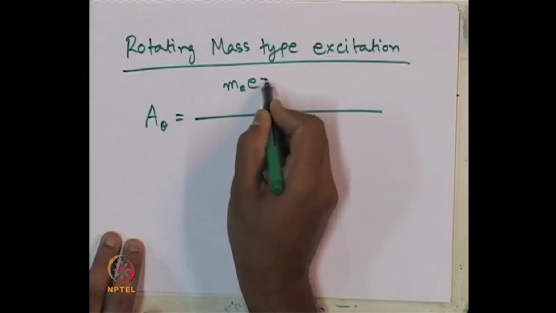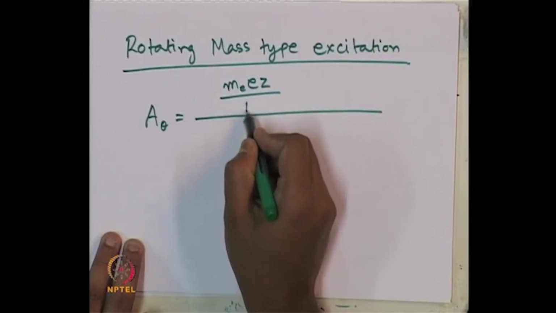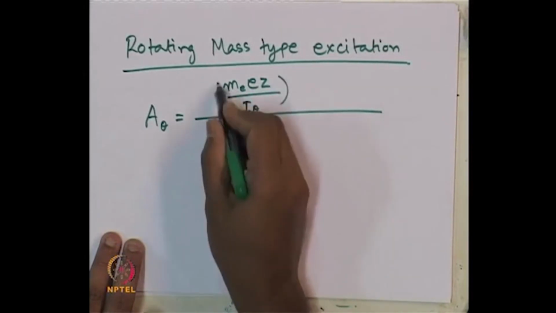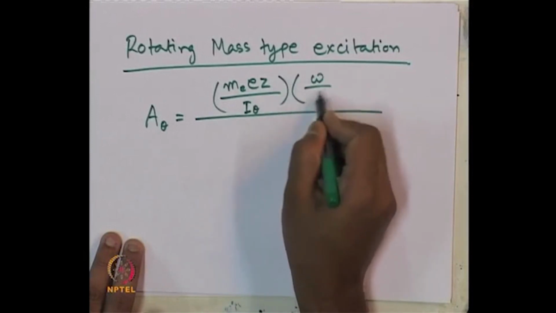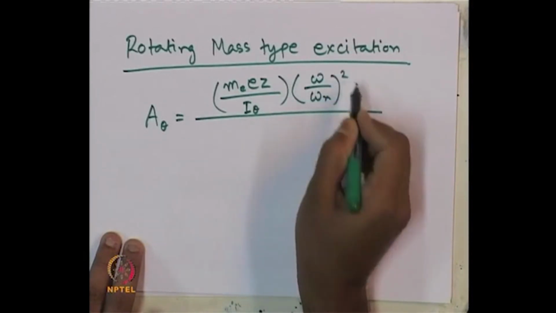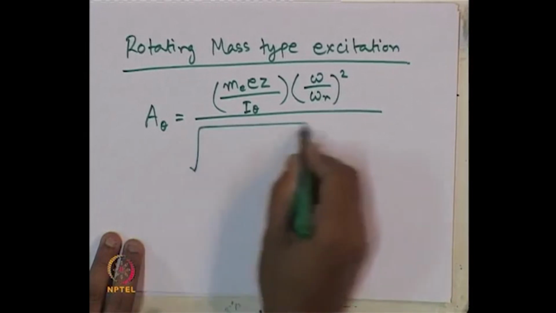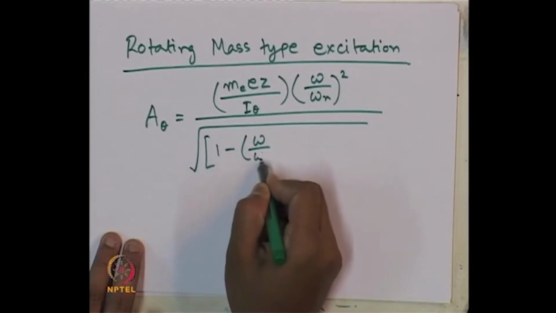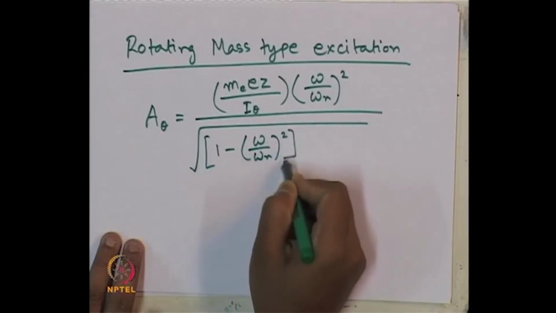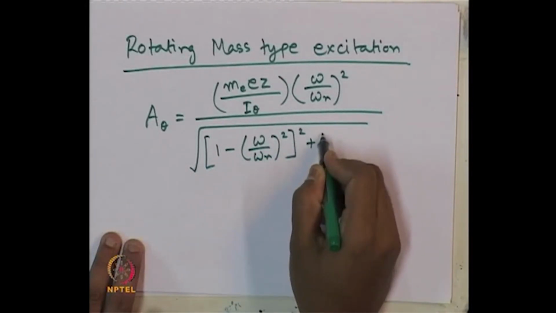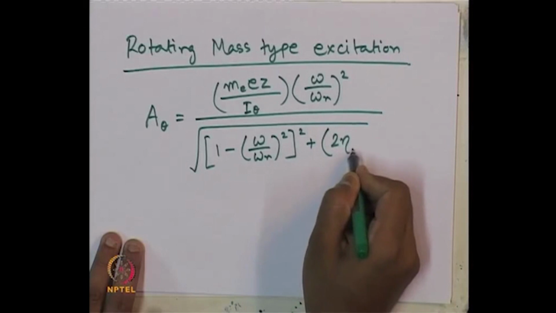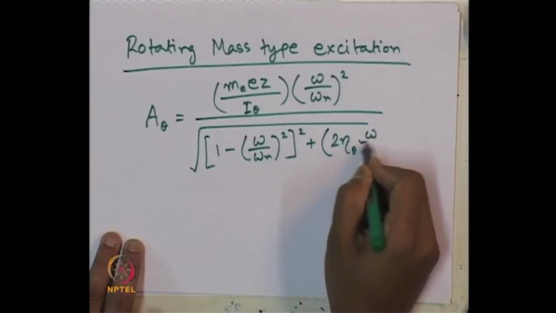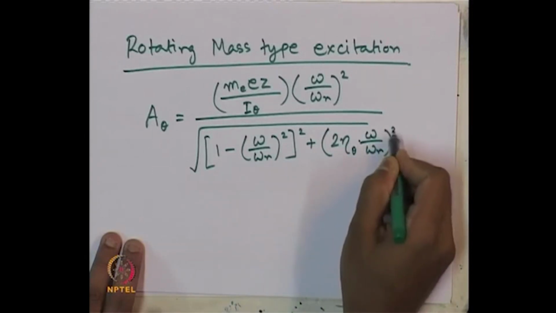M e e z by I theta times omega by omega n whole square, by root over 1 minus omega by omega n whole square, that square, plus 2 eta theta omega by omega n whole square.